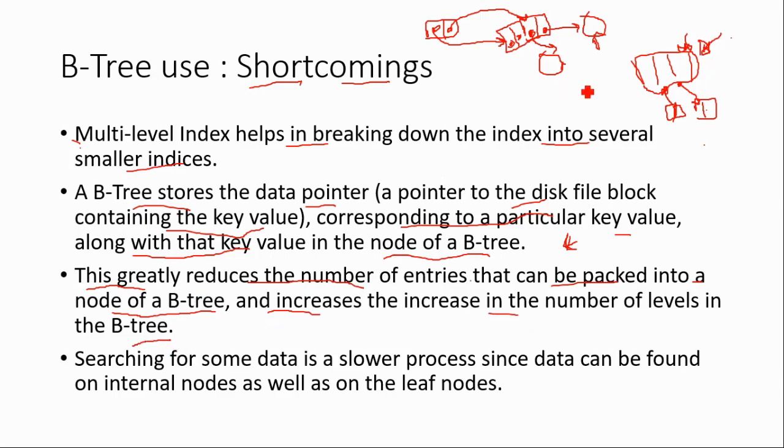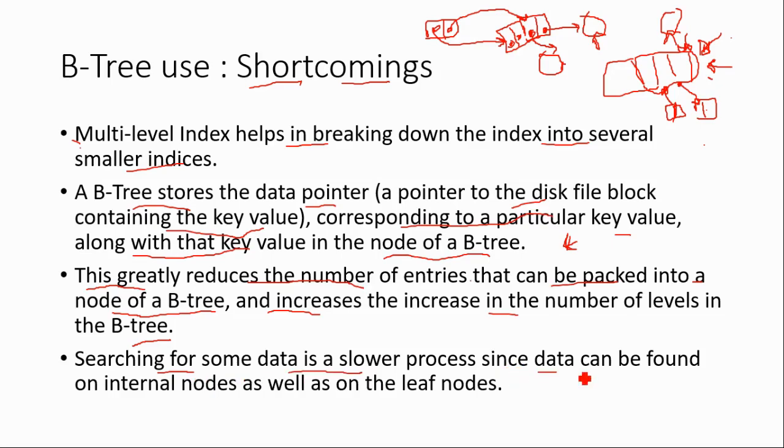If we can store a fixed number of keys in a node, then one kind of height is achieved. If we store some more keys there, then the height of the tree will obviously reduce. This also adds another problem: as we know, searching depends on height, so searching for some data is slower.